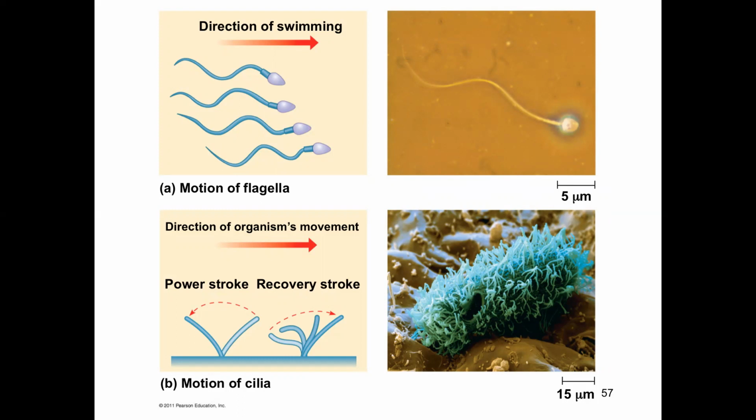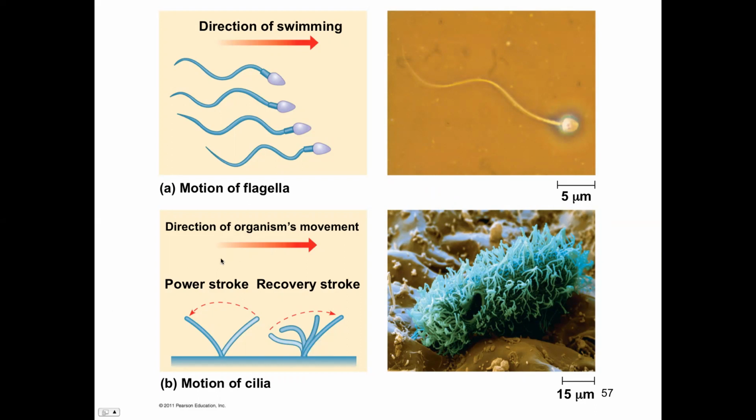They use them for motility. In the human body, cilia are usually found in the respiratory system, and they help move things like junk out of your respiratory system that doesn't belong there. But it's also an extension. It has tubulin down the middle. It's a motile structure, and it has a very different type of movement than, say, a flagellum does. But again, it beats in a certain pattern.